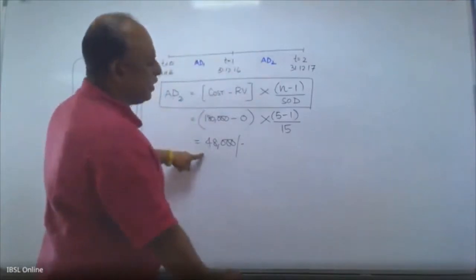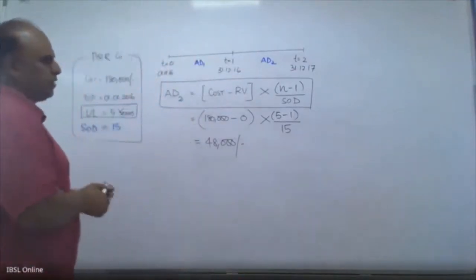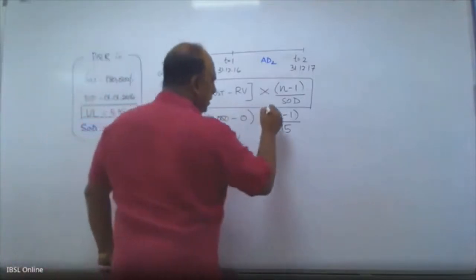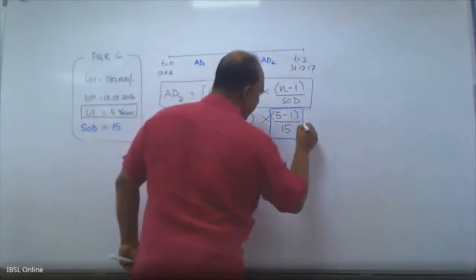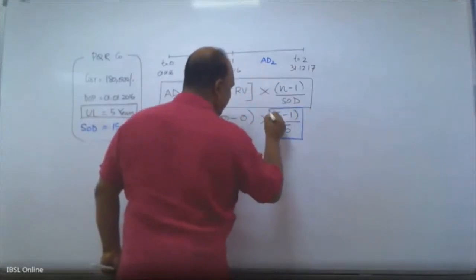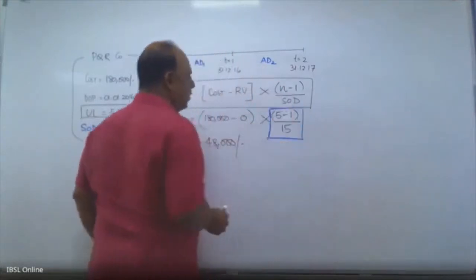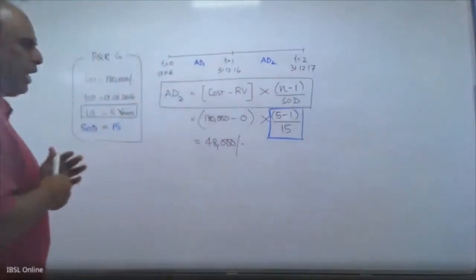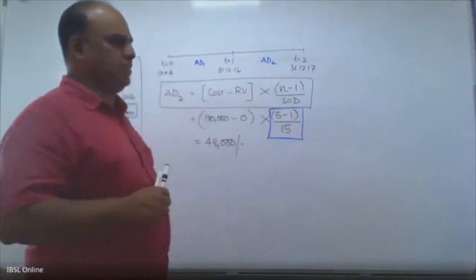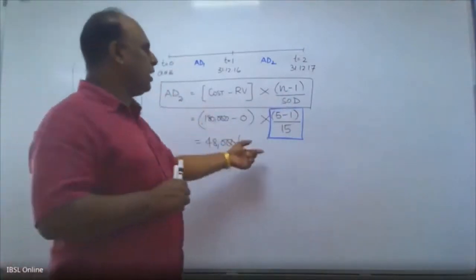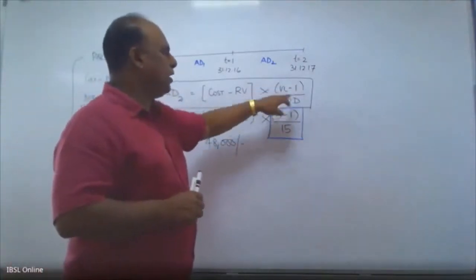So what is happening here? Now the depreciation is coming down based on this factor, because in the first year, I had n divided by the sum of digits. When I go to the second year, it is n minus 1 divided by sum of digits.